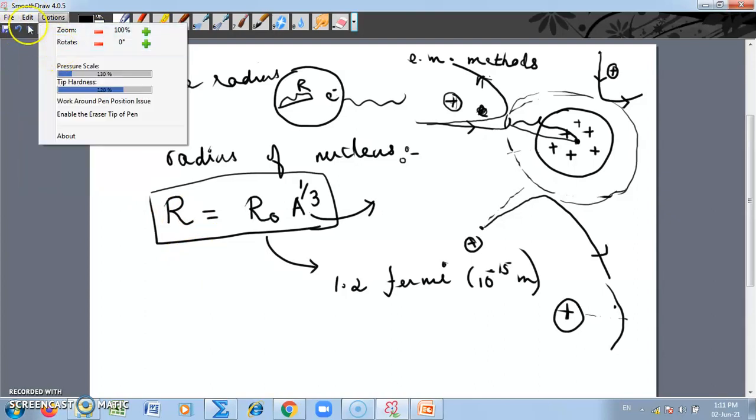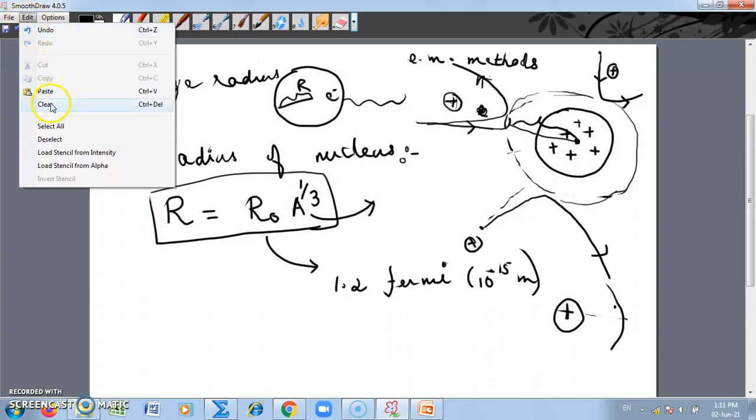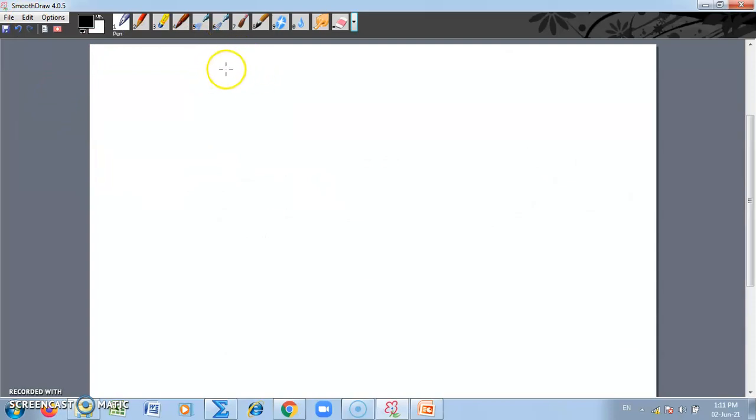Based on this expression, let us try to work out something about the density of a nucleus. What is density? Density, let's denote it by rho, is equal to mass per unit volume.